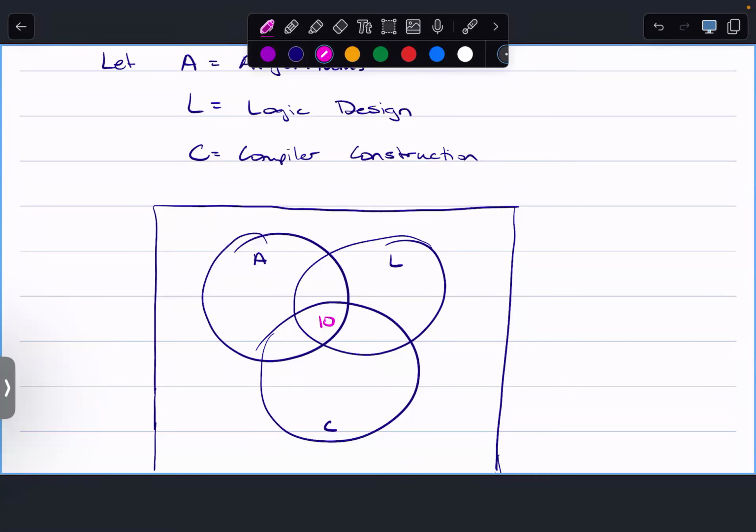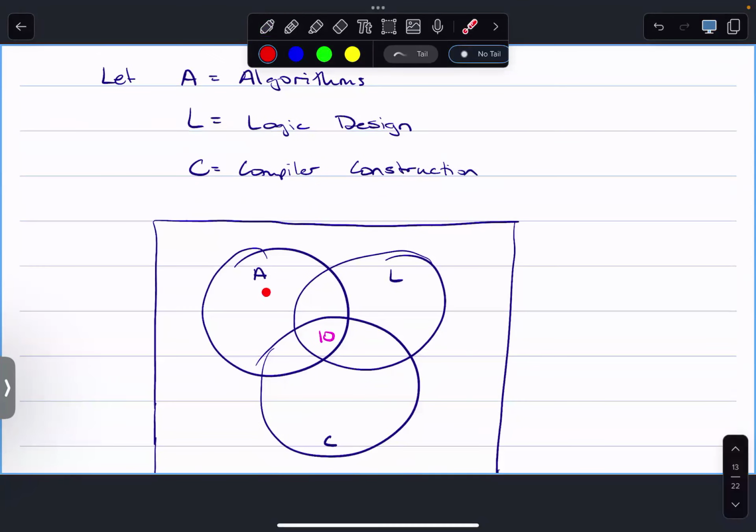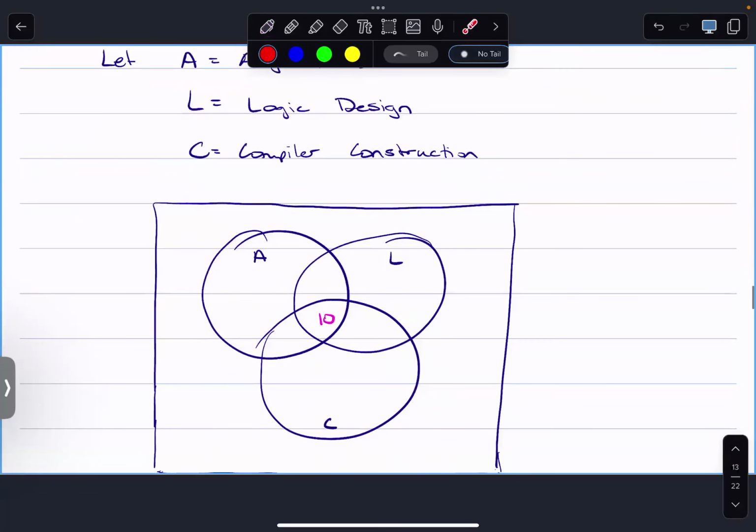Now those 10 have already been counted, so even in the overlap, you have to remove those 10 before you can move on. 25 took algorithms and logic design, so this whole area has to be 25, but I already have 10 in there. And so I'm going to show 25 minus 10 makes 15.